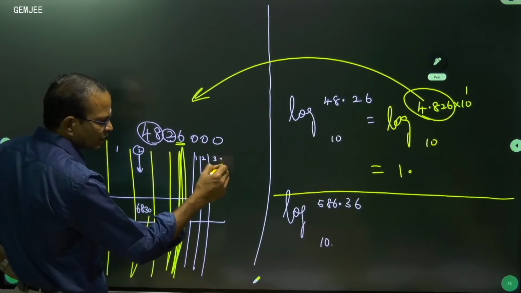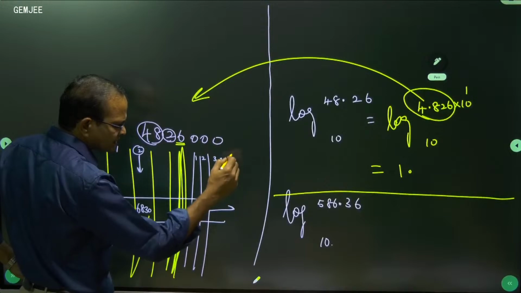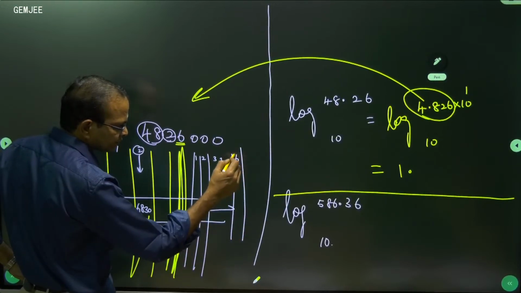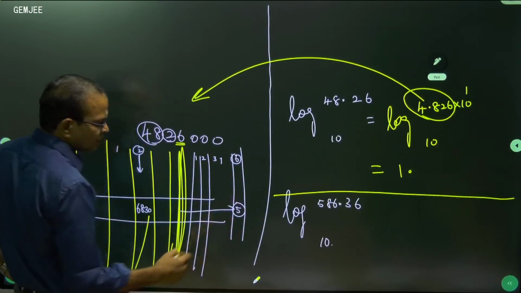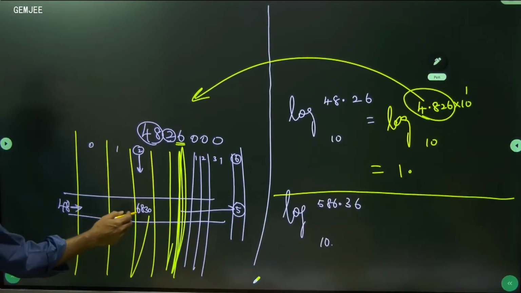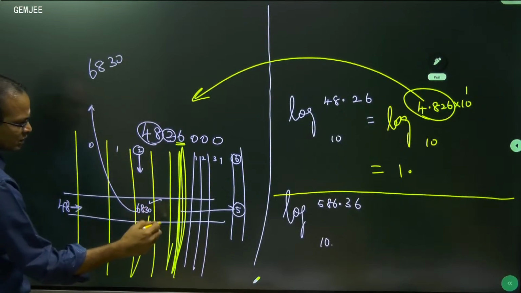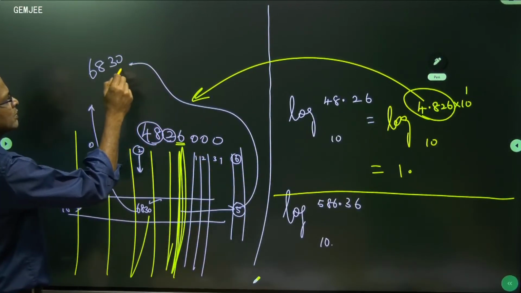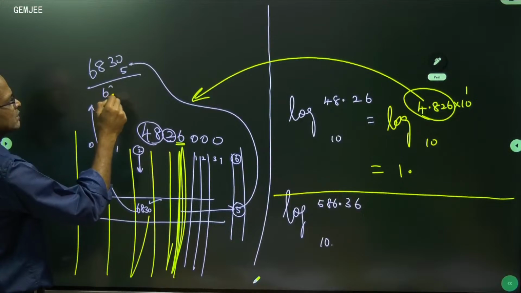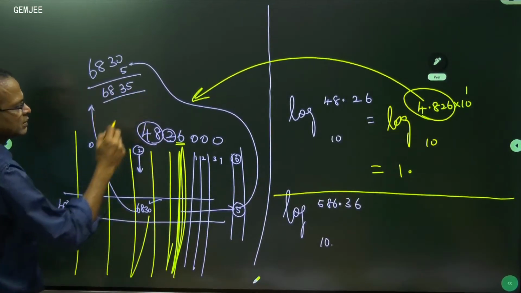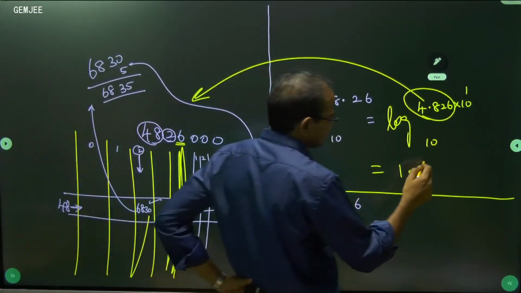In the same line, what comes against 6? 5. And the 5 is to be added with your value. So 6830 already you got, plus this 5. What's the total? 6835. That is the answer.